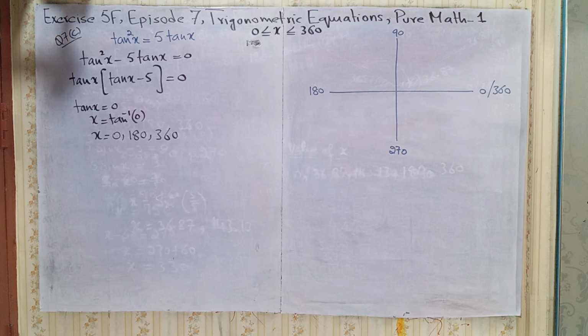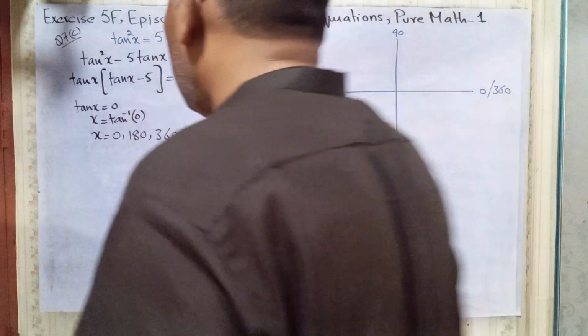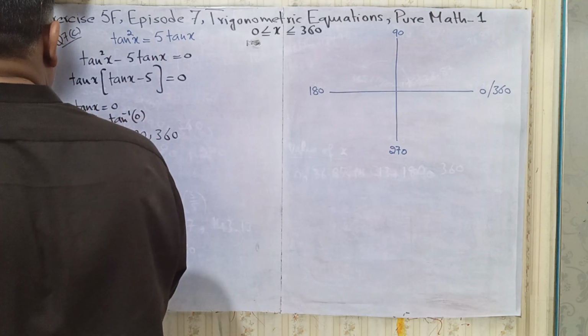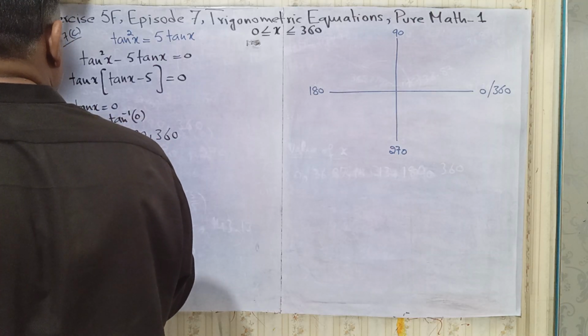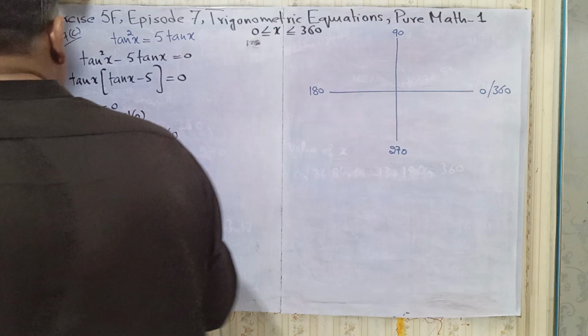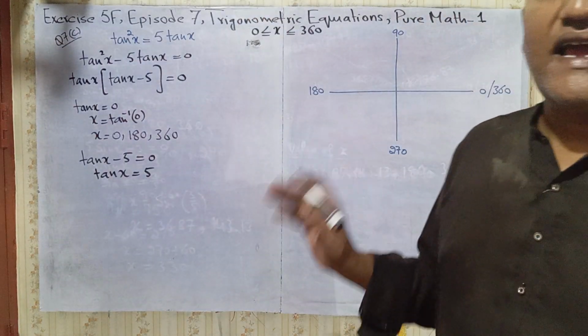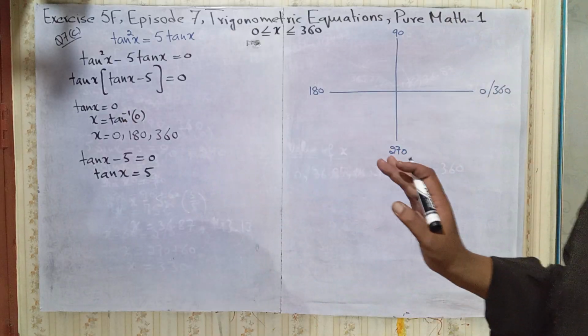So then I will make this tan x minus 5 equals 0. So tan x will be equal to 5.